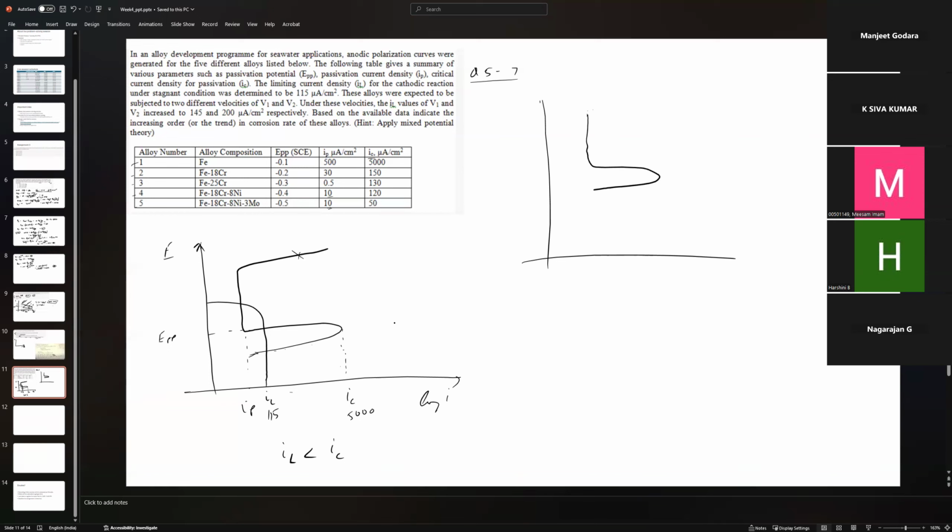Suppose this is the first one, at minus 0.1. We start with the least IP first.